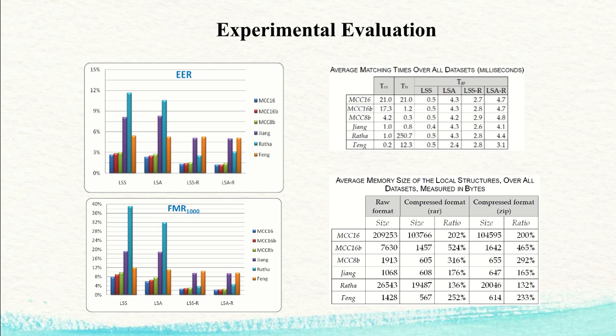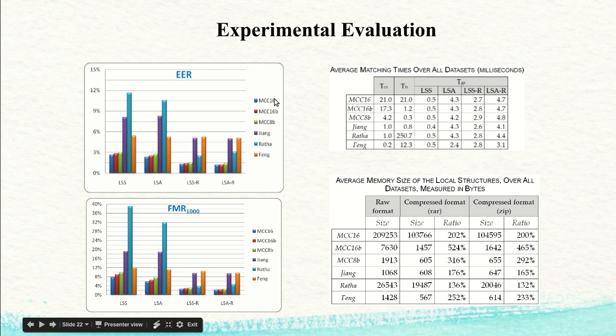So a height of 3% in the diagram is better than a height of 11 or 12%. Now in the right section, these are the algorithms mentioned here: MCC 16, MCC 16B, MCC 8B, Jiang, Ratha, Feng.